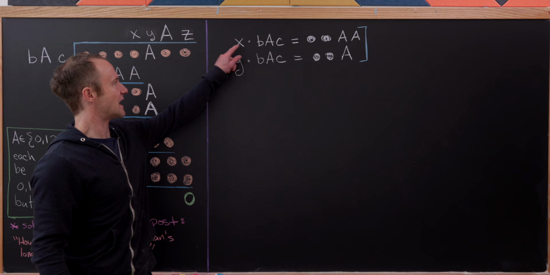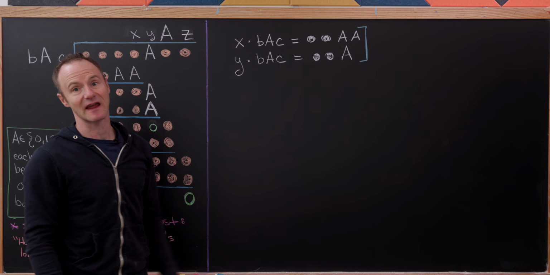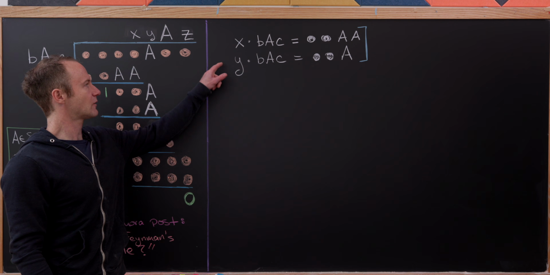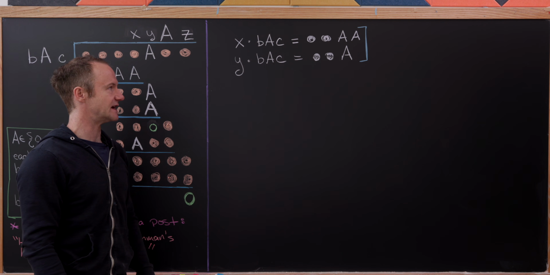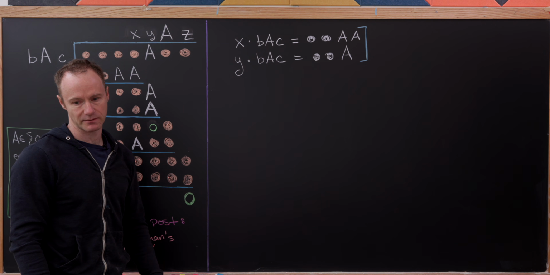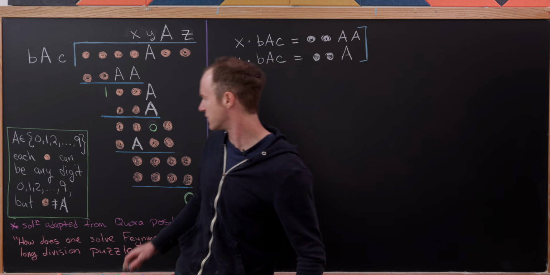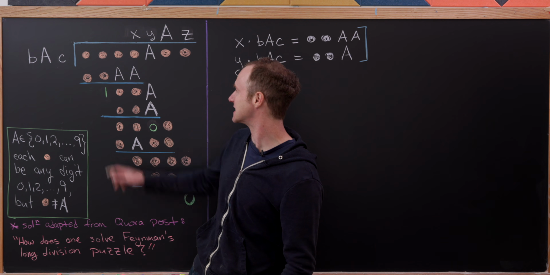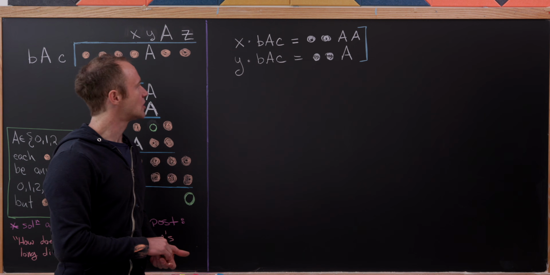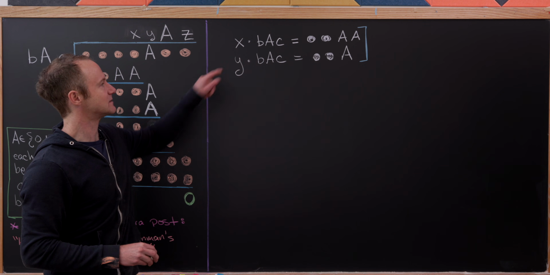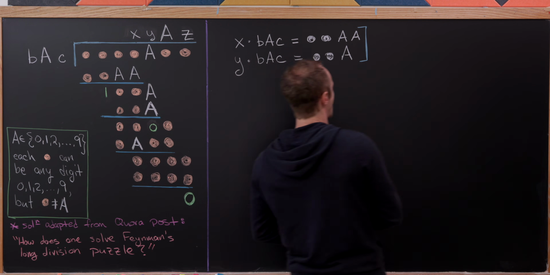Here we're multiplying x into BAC and we're getting a 4-digit number. Here we're multiplying y into BAC and we're getting a 3-digit number. I should point out here that we're not having any leading zeros. So what does that mean? Well, that means that x must be larger than y.